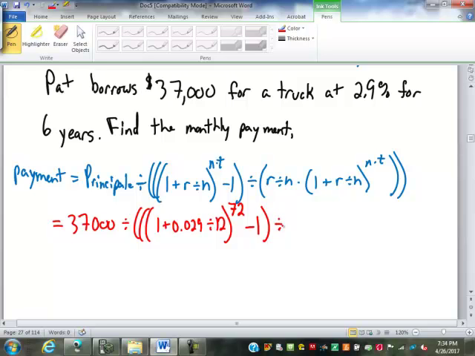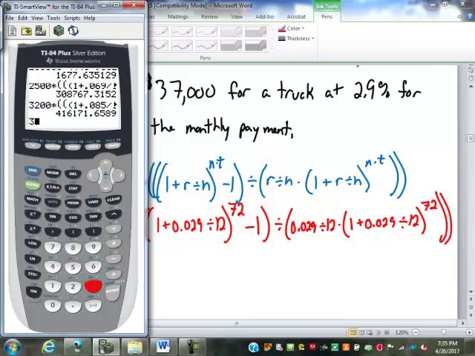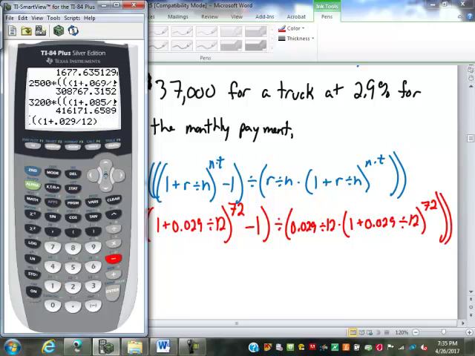Minus 1, close, divide by, open, 0.029, divide by 12, times, parentheses, 1 plus 0.029, divided by 12, close, power of 72, close and close. Yeah. So what's the payment? You guys get $560.51?